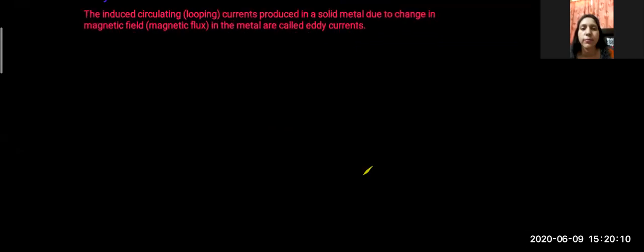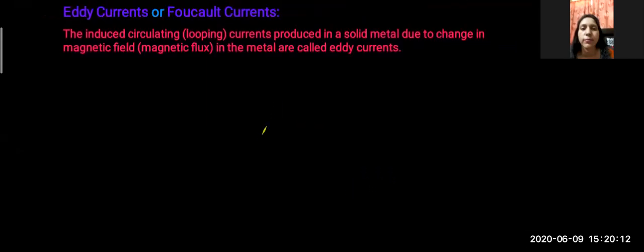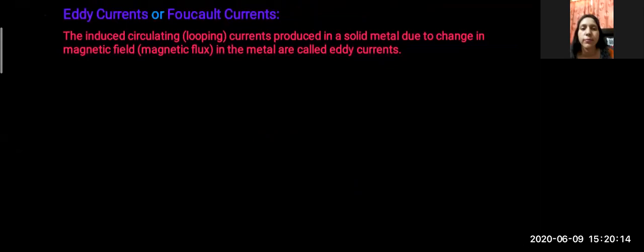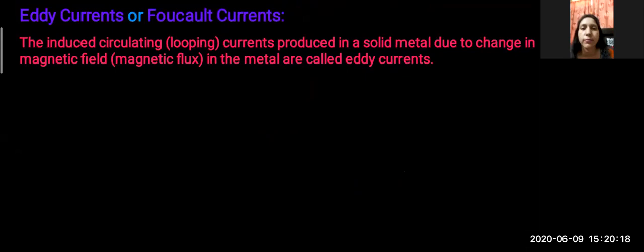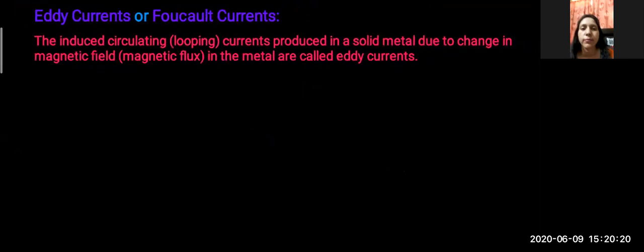Now let's talk about eddy current. Eddy current is the induced circulating or looping current produced in a solid metal due to change in magnetic field or magnetic flux in the metal. Eddy currents are the currents induced in bulk pieces of conductor when the amount of magnetic flux linked with the conductor changes.